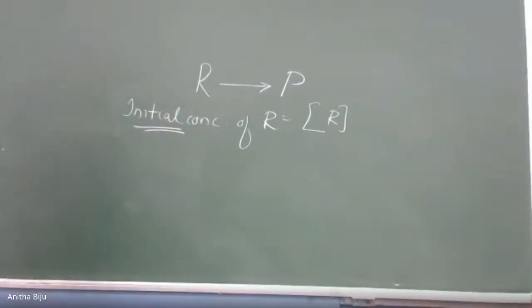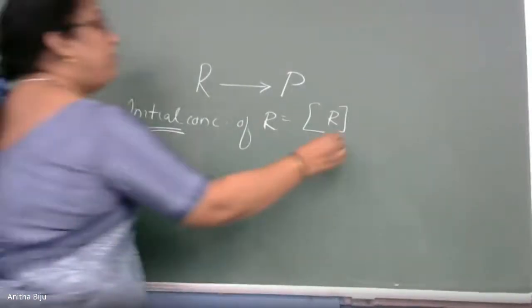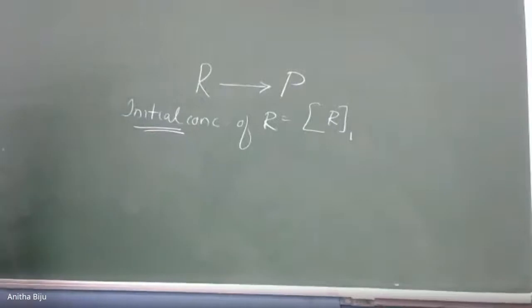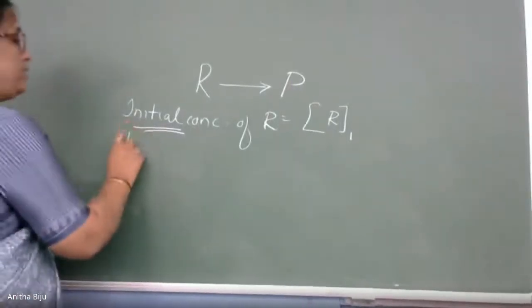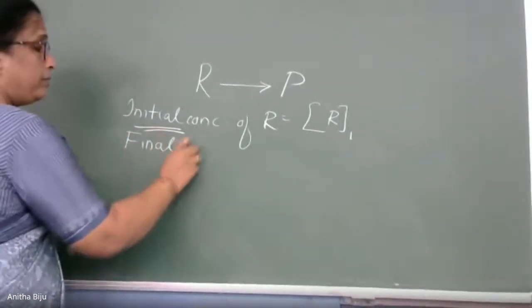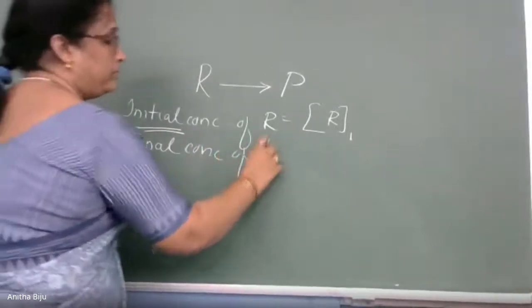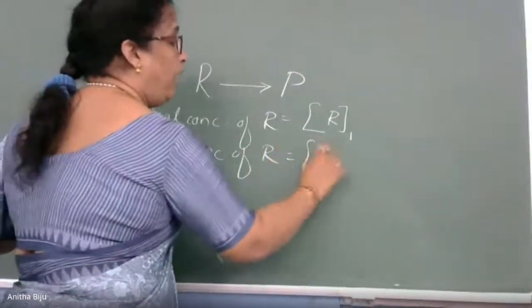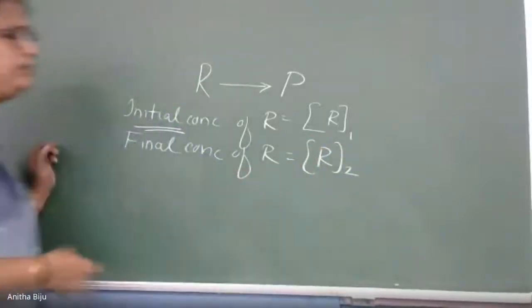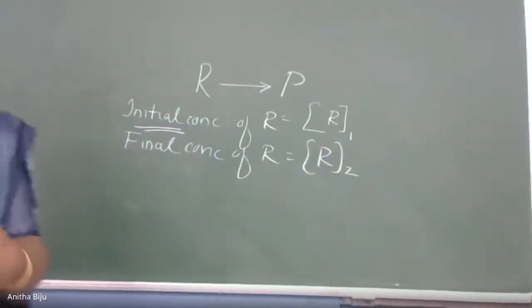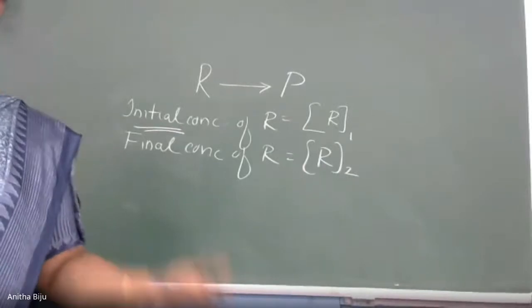Initial means at the very beginning, what will be the concentration of the reactant? So we can simply write [R]1. And the final concentration of the reactant is [R]2. It is simply a representation: 1 stands for initial and 2 stands for final.